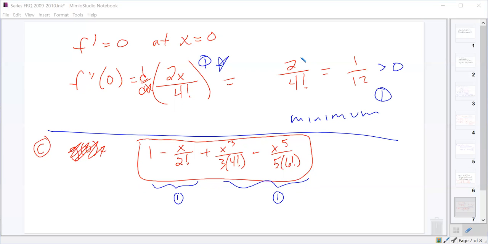Good or no? Any questions on part C? Just integrating term by term after you get that 1 in there.